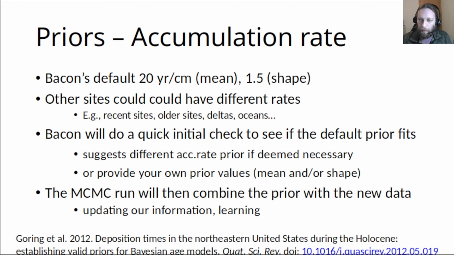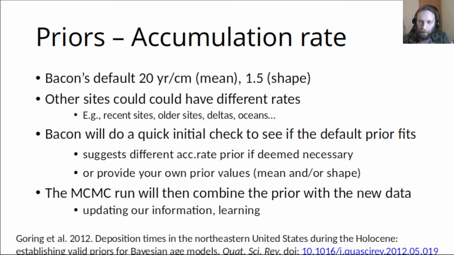Bacon will generally look at the initial data and do a quick check to see if the 20 years per centimeter default seems to be a correct assumption, or if it could better be adapted. And if that's the case, it will suggest a different accumulation rate. But you can also provide your own prior values.